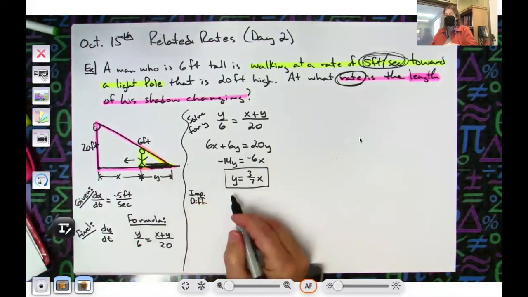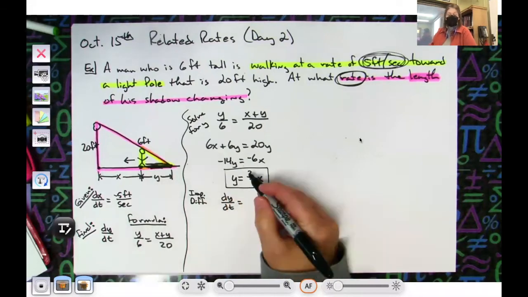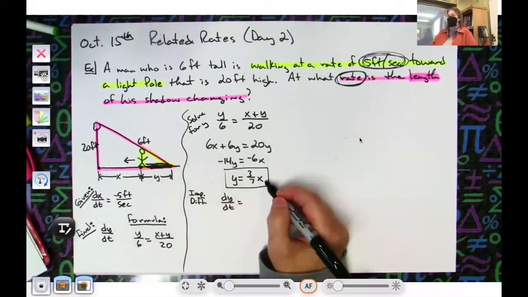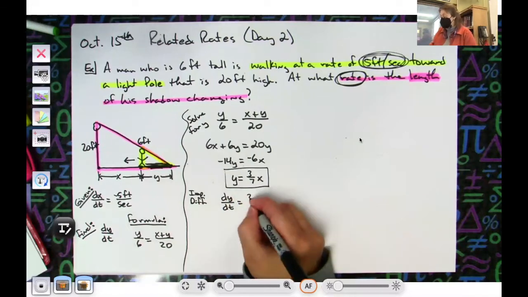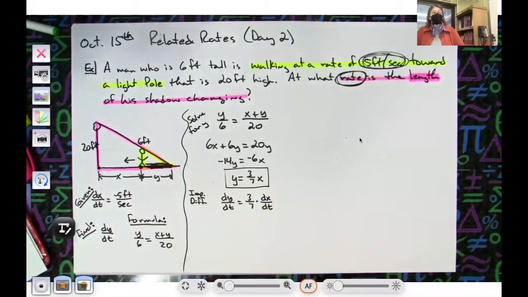So when I take the derivative with respect to time, my y turns into a dy over dt. Taking the derivative of that 3/7 x is just 3/7. Remember the chain, dx dt, because implicit differentiation requires that chain.